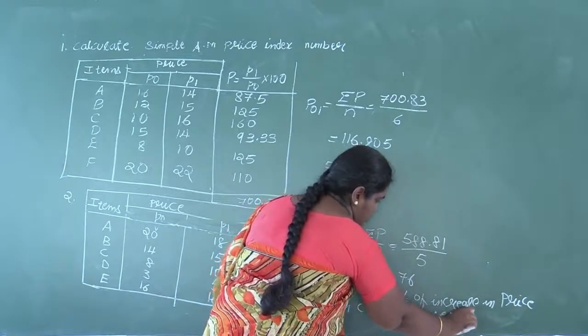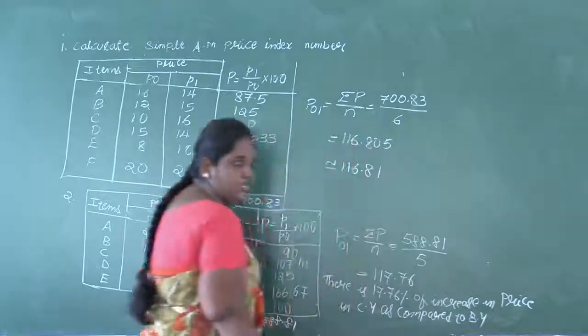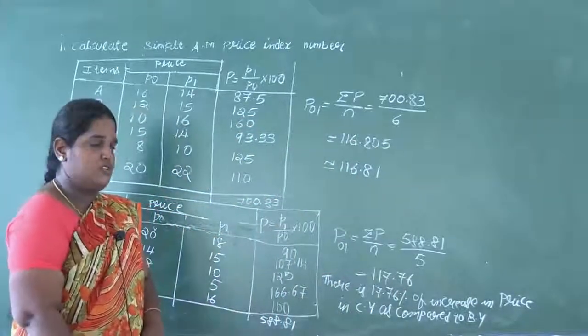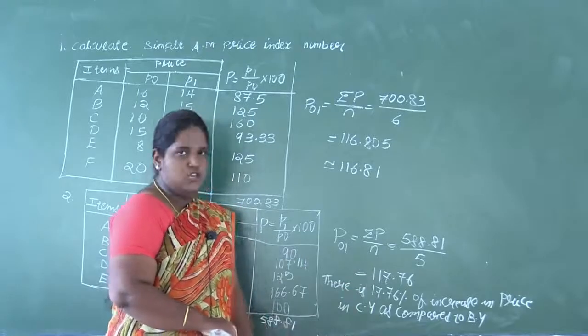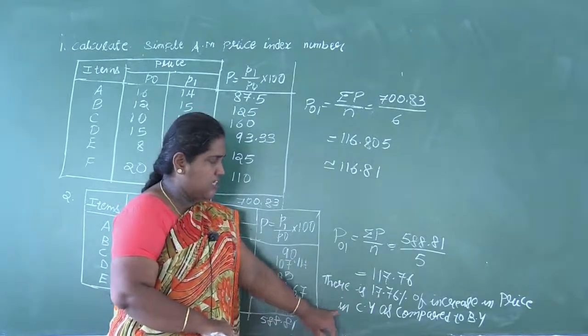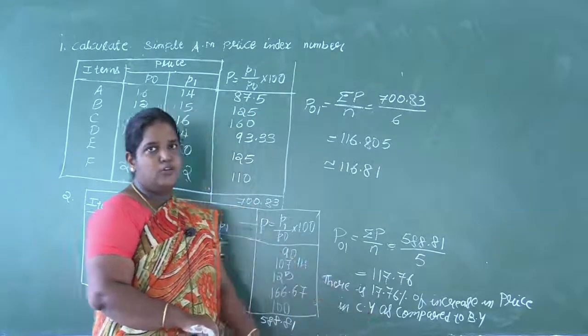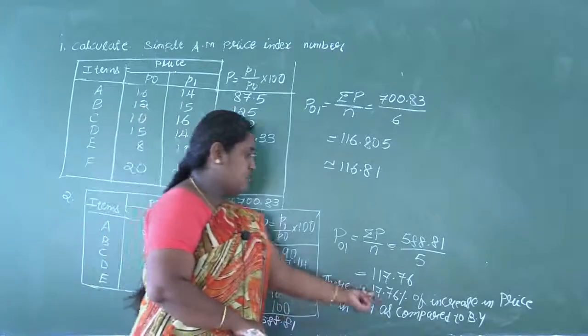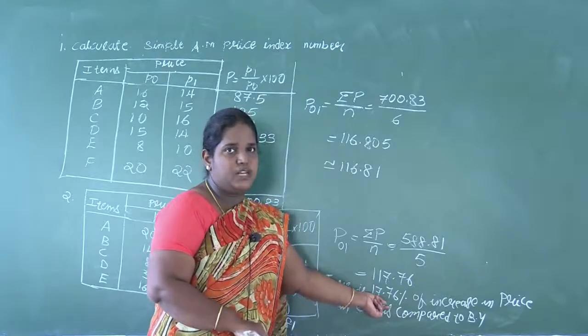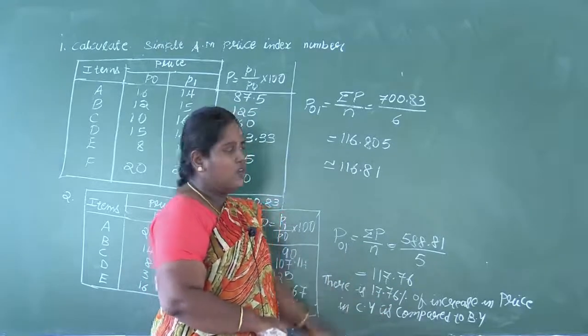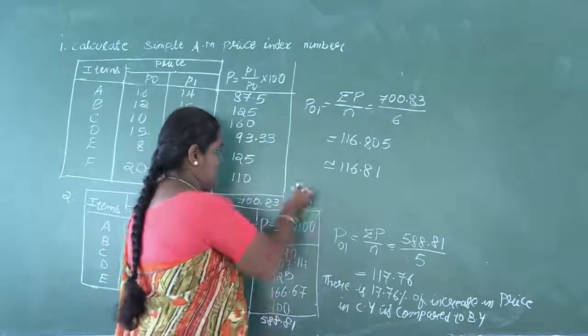So here we are doing the problem based on the current year and base year. So there has been 17.76% of increase in price in current year as compared to that of base year. So 17.76 is the increased percentage in the price from the current year to that of the base year.